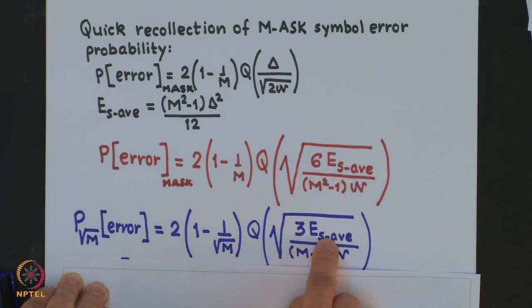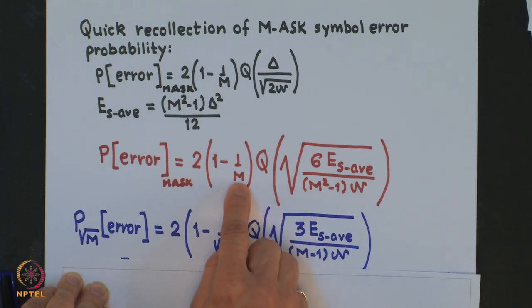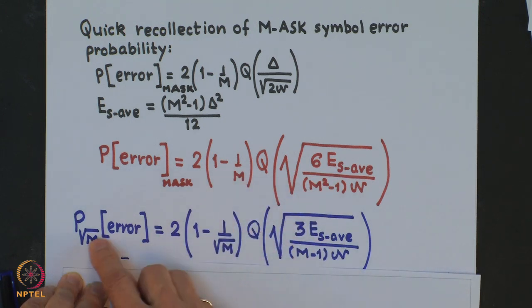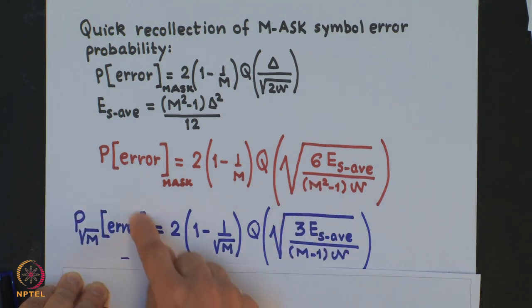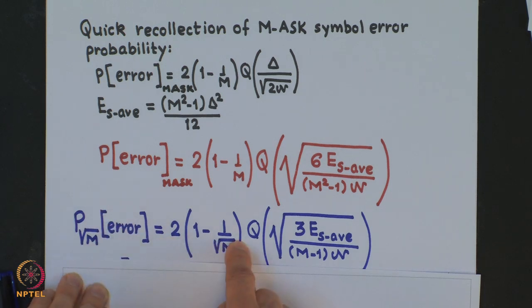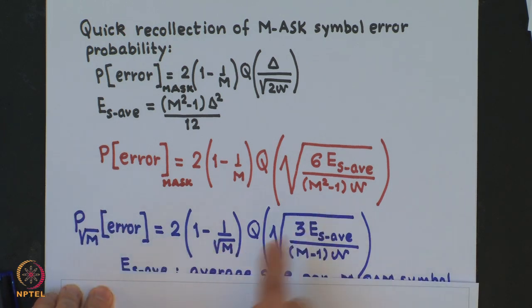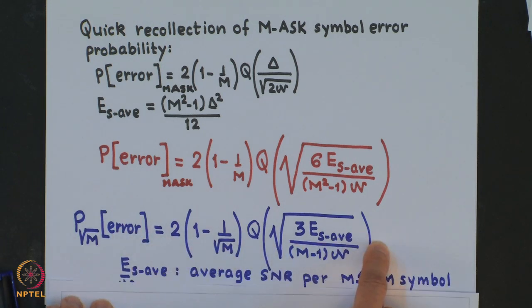That's why it becomes 3, and this M out here is now root M. So from here we get the probability of error in the ASK channel in our model to be equal to this value.